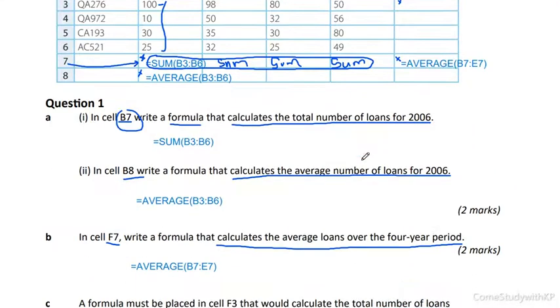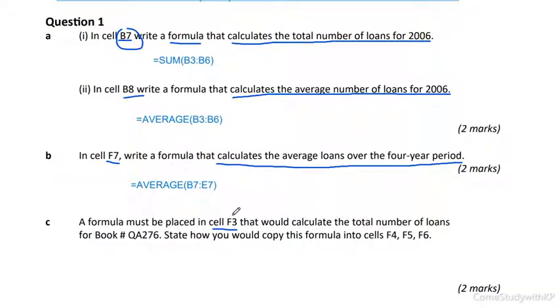A formula must be placed in cell F3 that would calculate the number of loans for book QA 276. It's going to calculate the total number of loans for the book. State how you would copy this formula into the cells F4, F5, and F6.